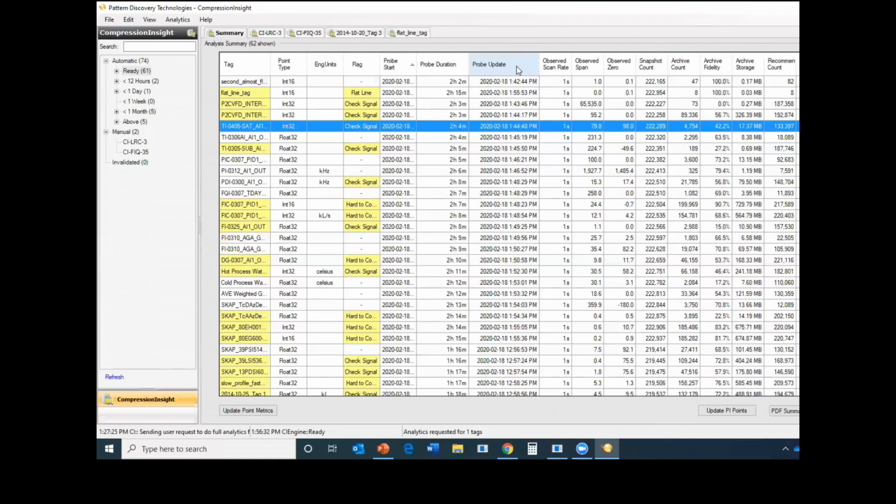We wind up manipulating and cleaning this data to get it into a condition where it is a reasonable representation of what we're looking at. And what we are providing here with Compression Insight is a way to dramatically reduce that amount of manipulation so that it can be consumed by the end user. And I think you alluded to some of those in your examples, Jim.